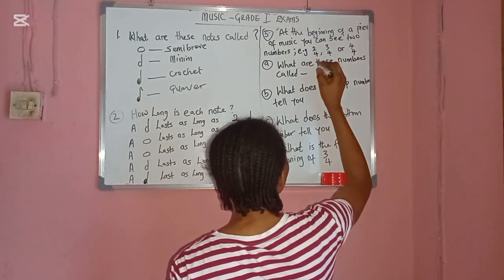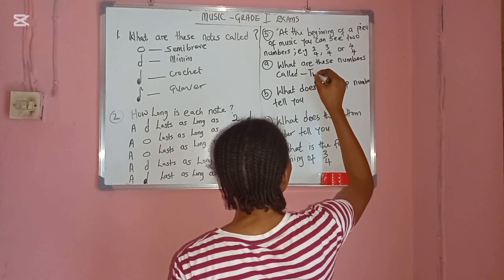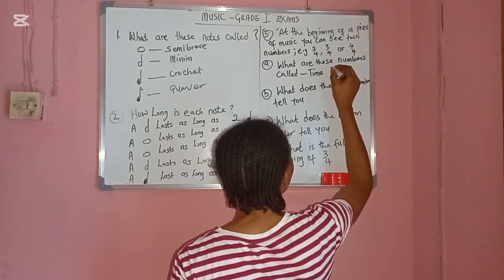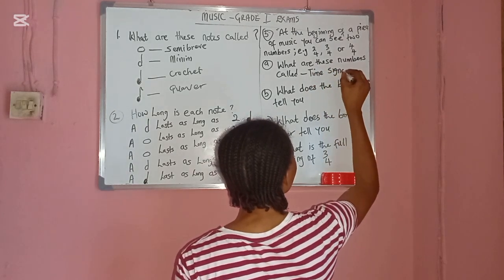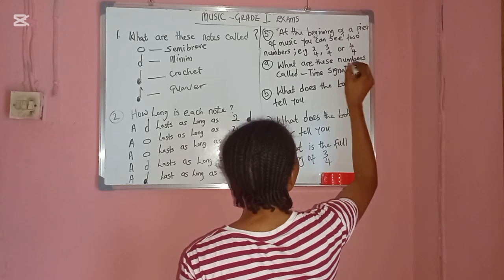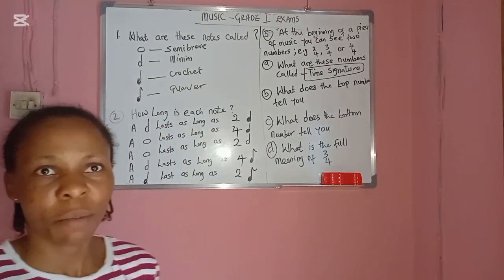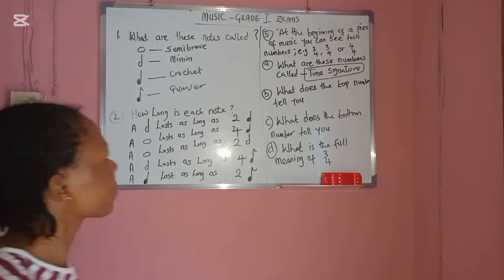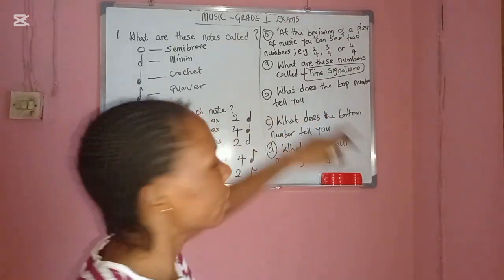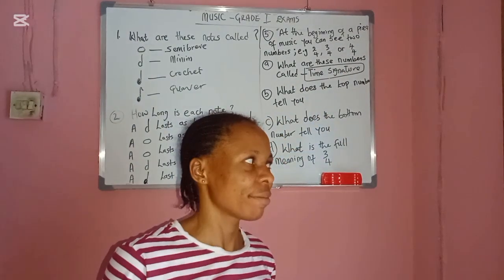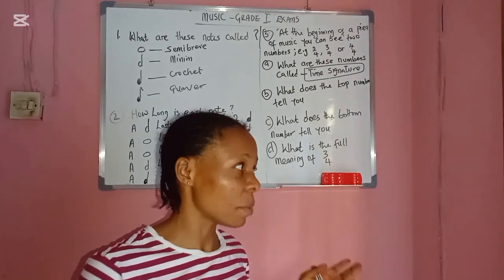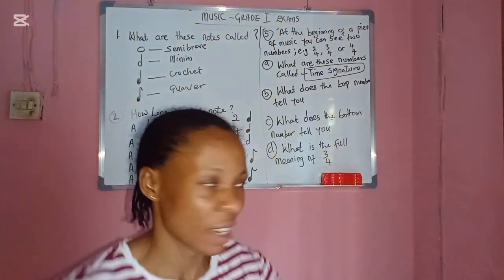The answer is, these numbers are called time signature. What does the top number tell you? We've treated this. I talked about this repeatedly.